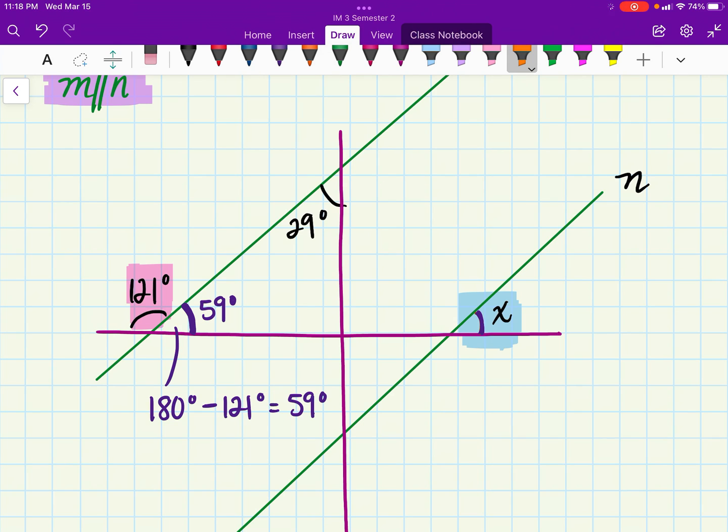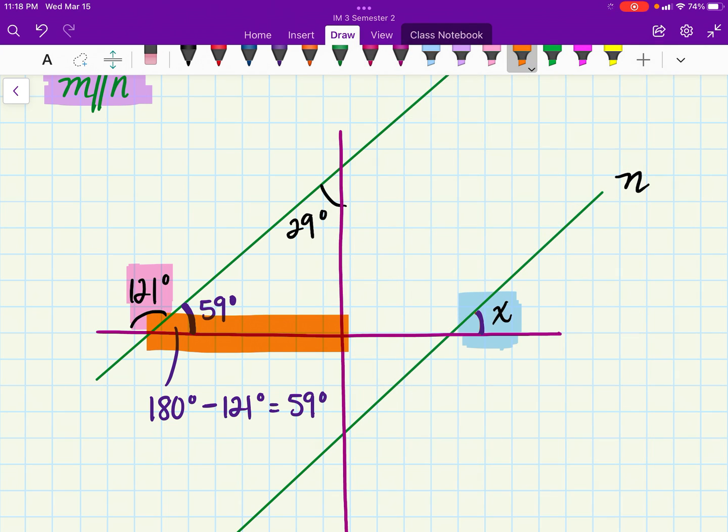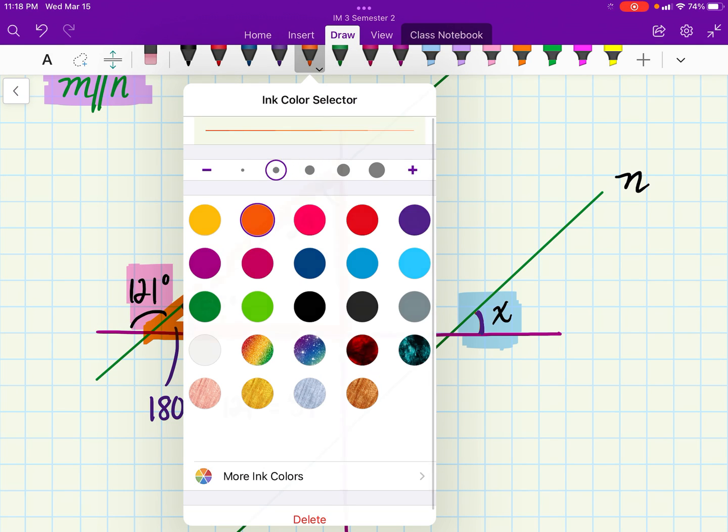Now, another thing I want to talk about here is that if you have a triangle, let me make this thinner. I'm able to form a triangle with 3 of the lines here, right? This here is a triangle. Let me do it in orange.